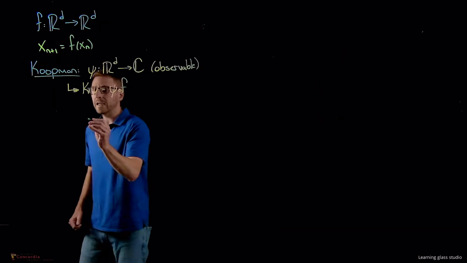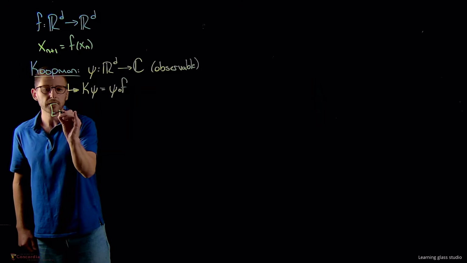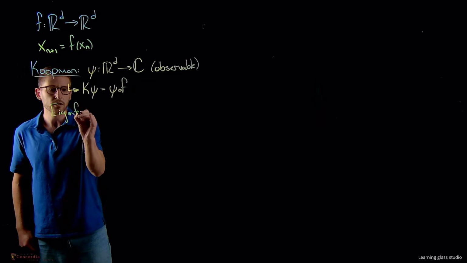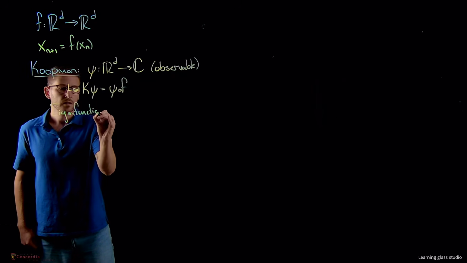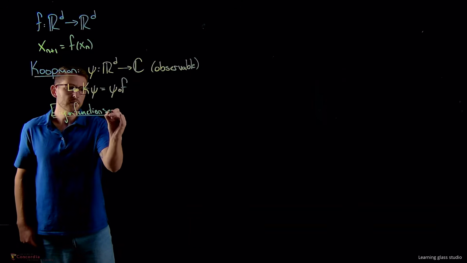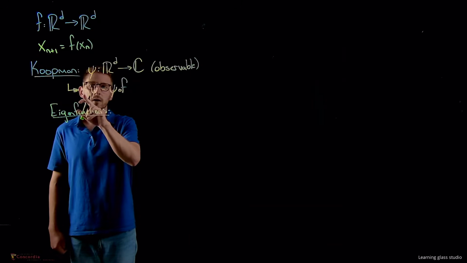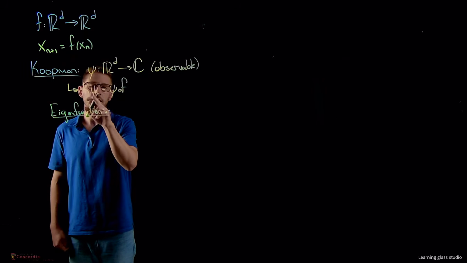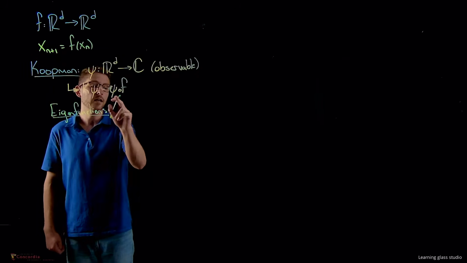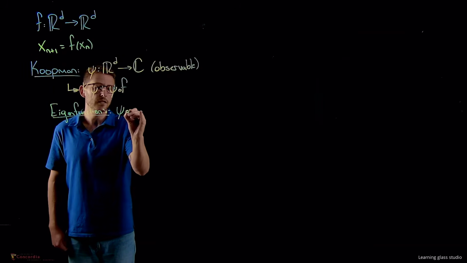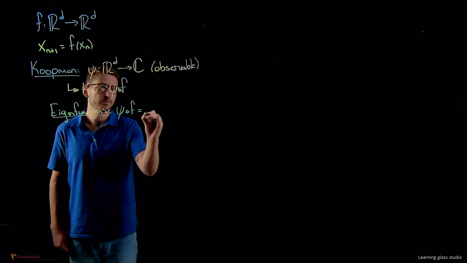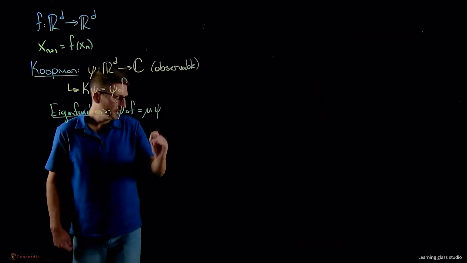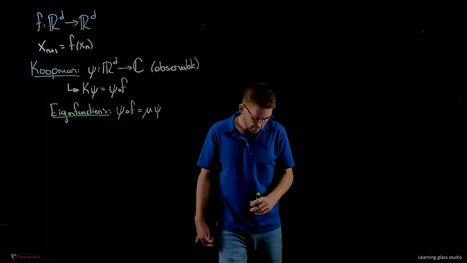And in particular, the eigenfunctions were the things that we really cared about. Eigenfunctions satisfy the following relationship. K psi is equal to mu psi, and that is what we care about.